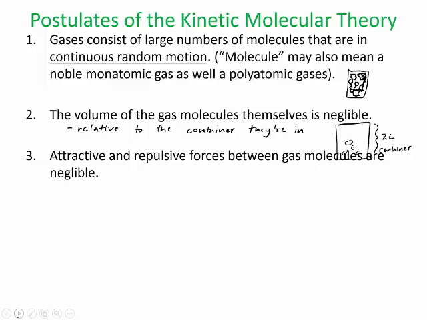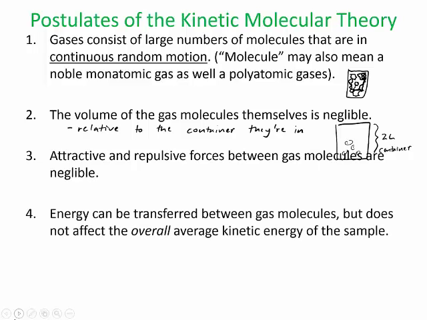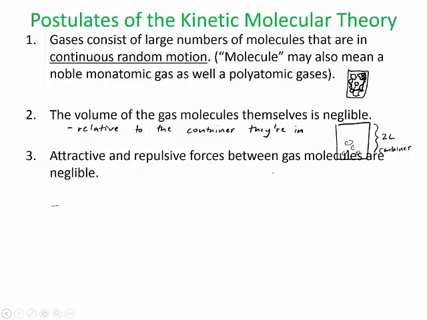It says attractive and repulsive forces between gas molecules are negligible. What that means is, if I have a container of gases, let's say CO2, which we know to be nonpolar, the type of forces it would have are London dispersion forces.